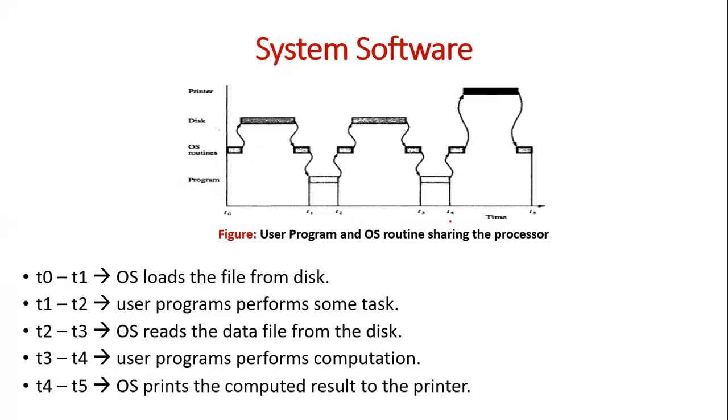Say for example, consider this time T4 to T5. During this time, there is actually no involvement of the processor, because at T4 the user program requests the operating system to write the result to the printer, and the operating system is doing that. The operating system is writing the data to the buffer and the printer is going to print.